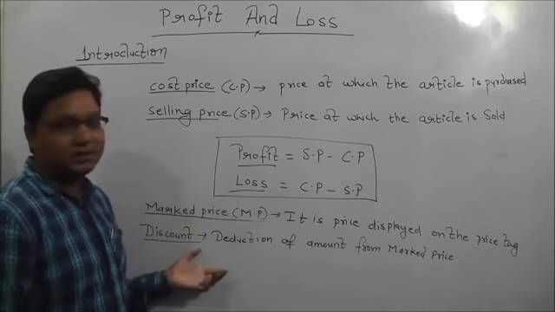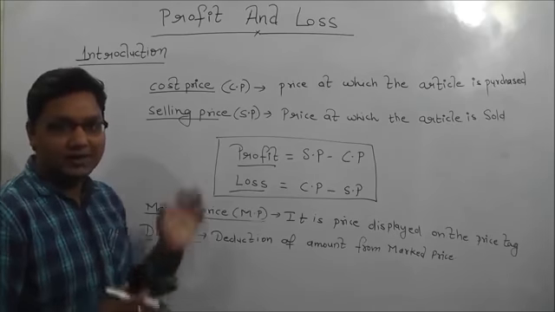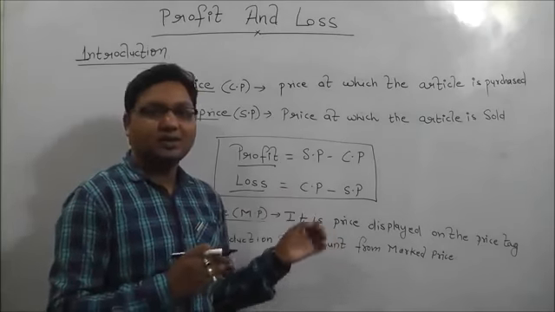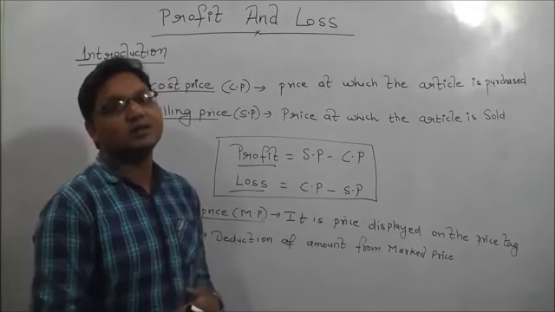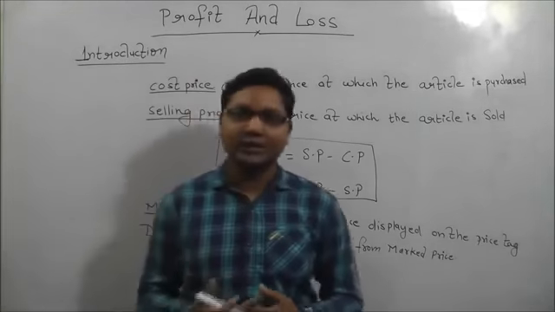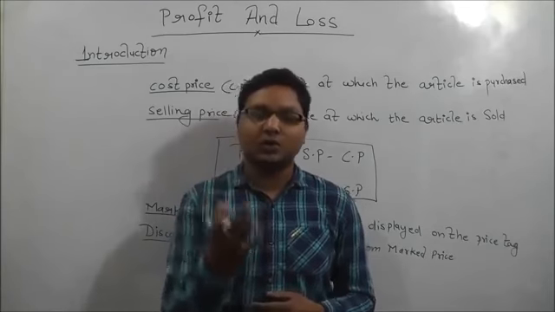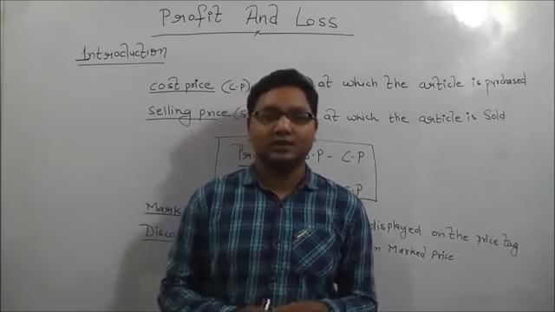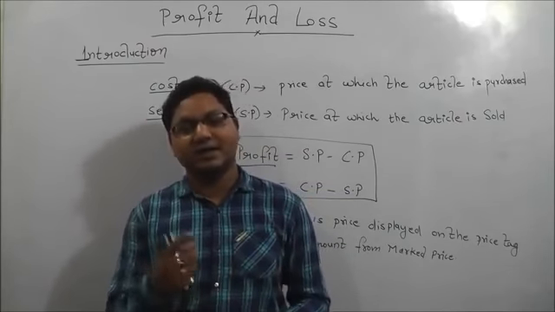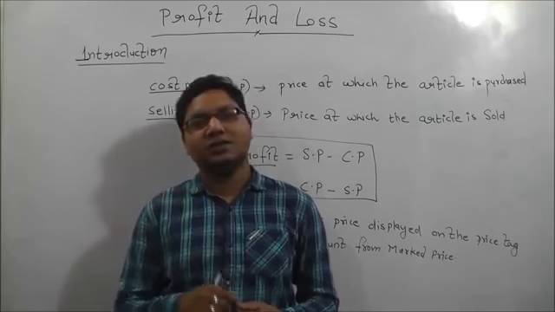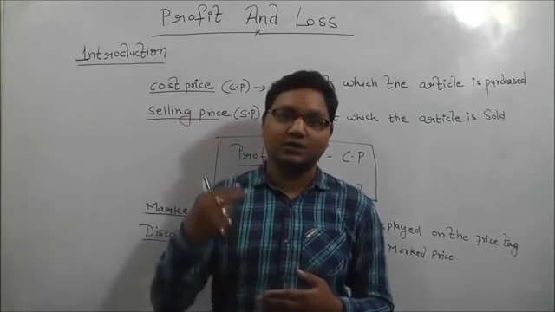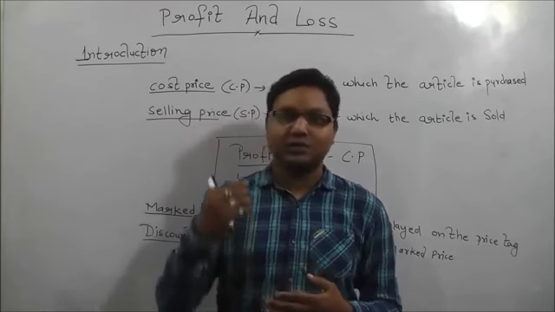These are the important terms, and now I will tell you the relation between them, which will help you not to be confused. The first point you should know is that profit and loss is calculated on cost price, and discount is calculated on marked price.